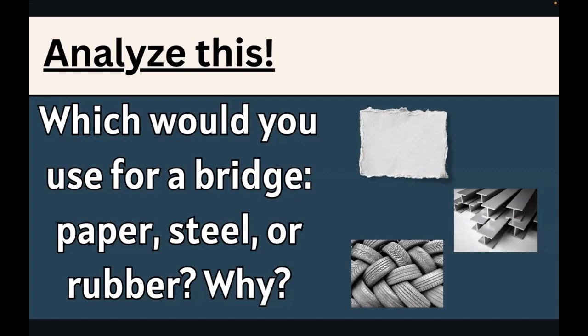So now what if I told you you weren't building a bridge? You're building something else, like engineers do. But what if instead I told you your sibling was annoying you and you wanted to build a slingshot to annoy them? Now what material would you use? Rubber. Yeah, rubber. Perfect.